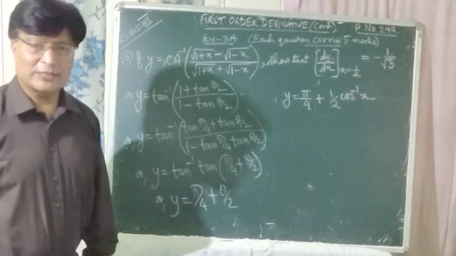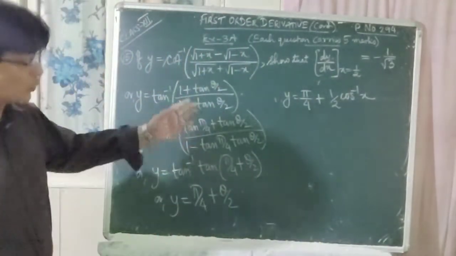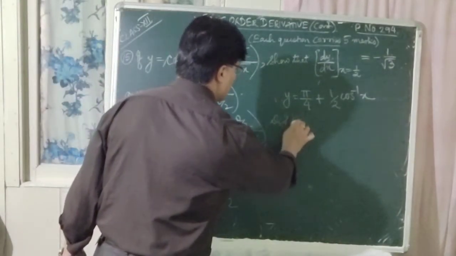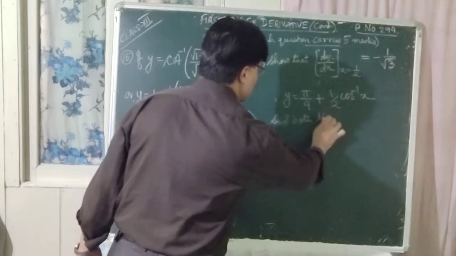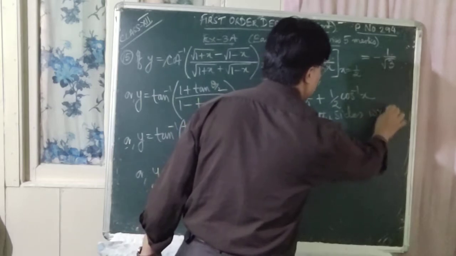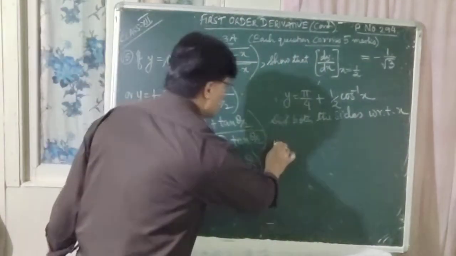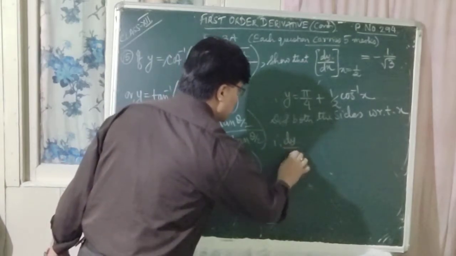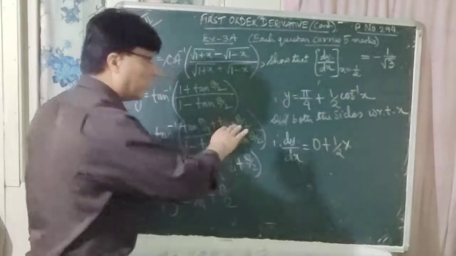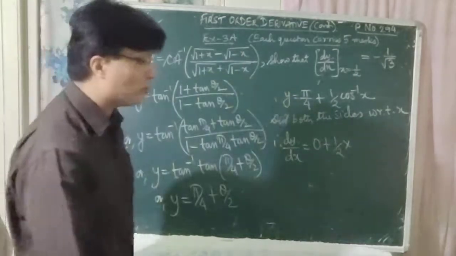Now you can differentiate it easily, isn't it? So this is the simplified form of the value of y. So differentiating both the sides with respect to x, dy by dx is equal to, for pi by 4 it is 0, plus half is constant, so half remains the same, into what is the differentiation of cos inverse x?